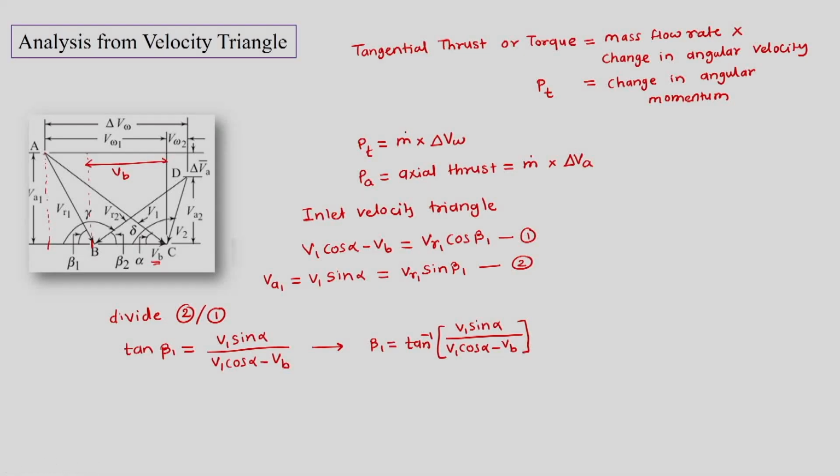Then we can go to the exit velocity triangle. For the exit velocity triangle, we can similarly write down that V2 cos of 180 minus delta is this distance, which is VW2.